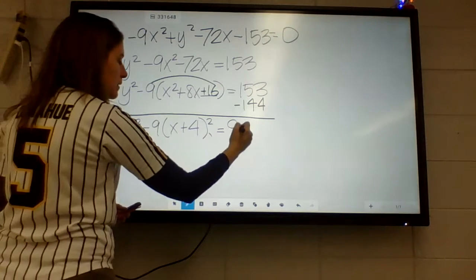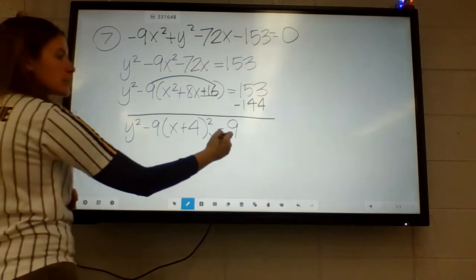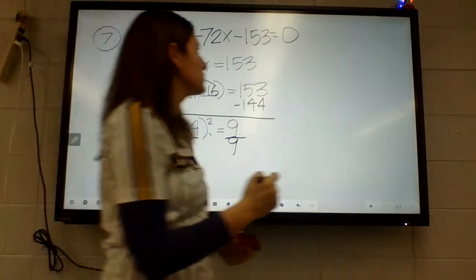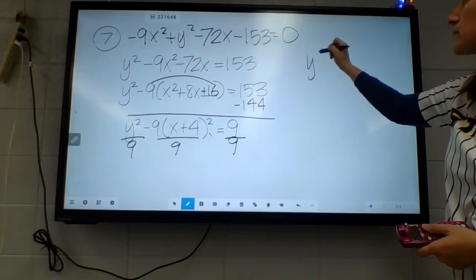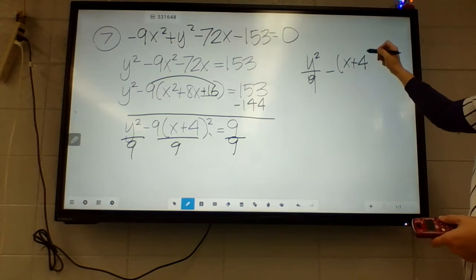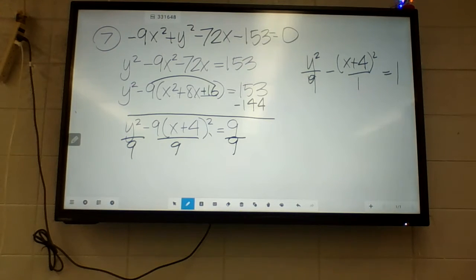This is 9. So then we go to get that to be 1 over there, so I'm going to divide everything by 9. So we have y squared over 9 minus x plus 4 squared. You can put it over 1, or you can just have it that way, and then equals 1.